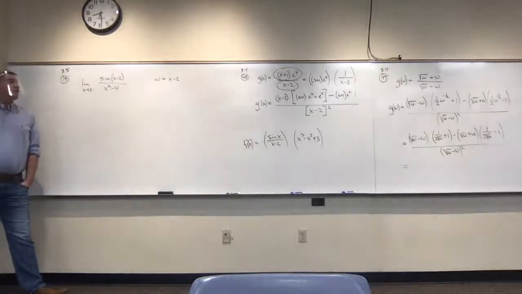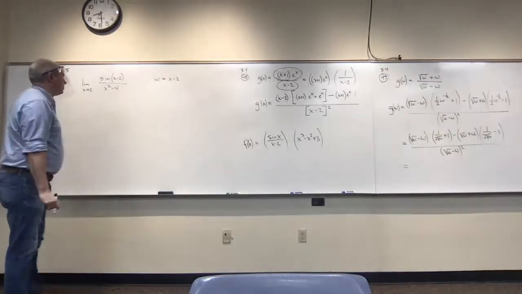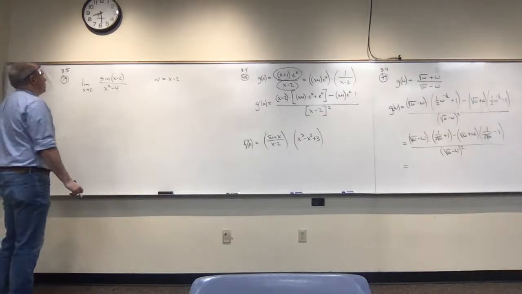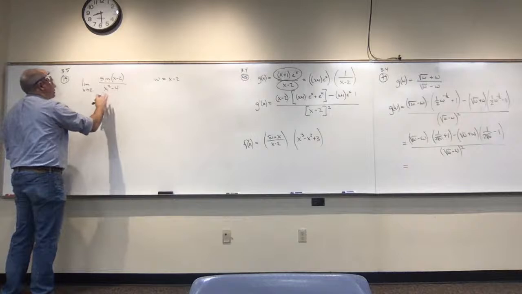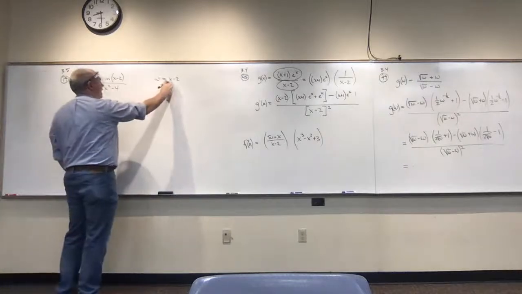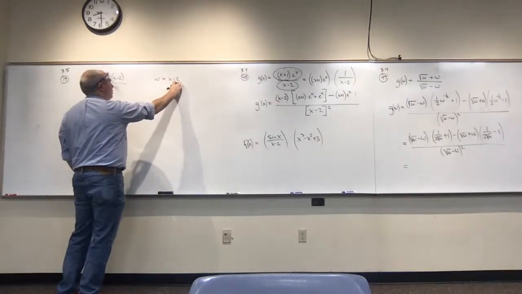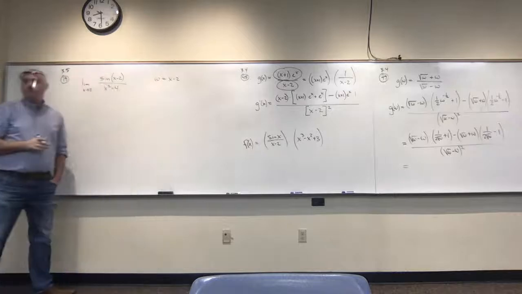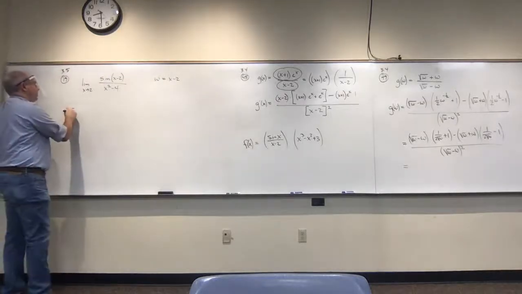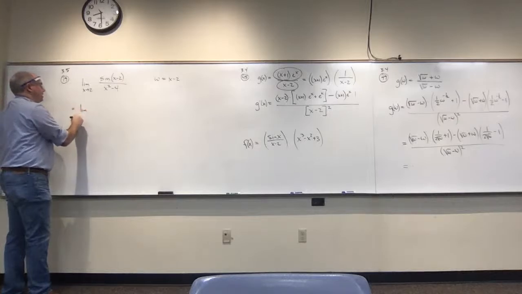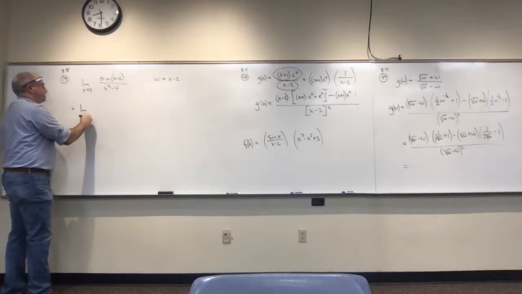So if w is x minus 2, then how could I rewrite this? If x is going to 2, where is w going? 0. Yeah, 0. So this could be written as the limit as w goes to 0.